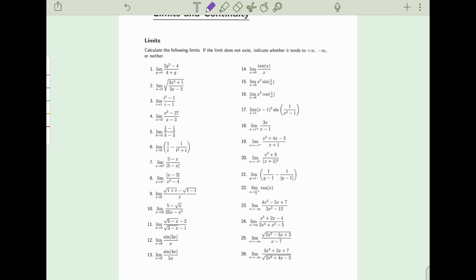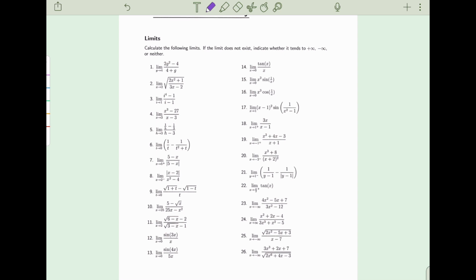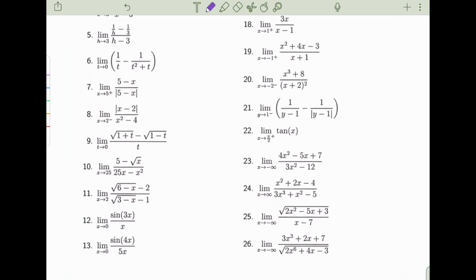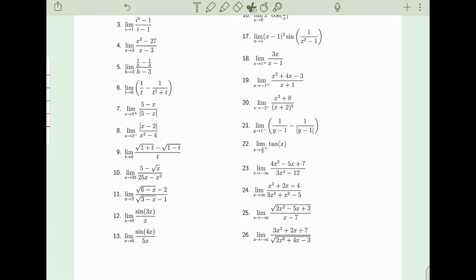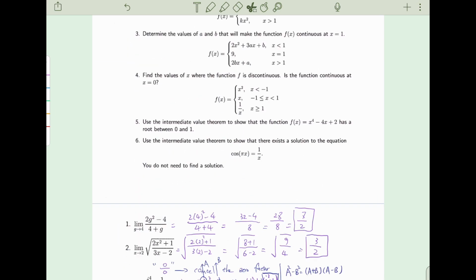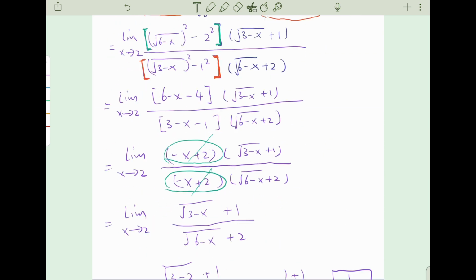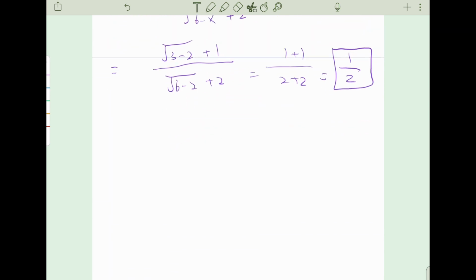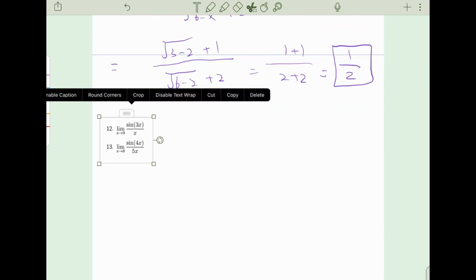Now let's take a look at the next type of questions. That is the question 12, question 13, and 14. Okay. 13 and 14 are relatively easier.